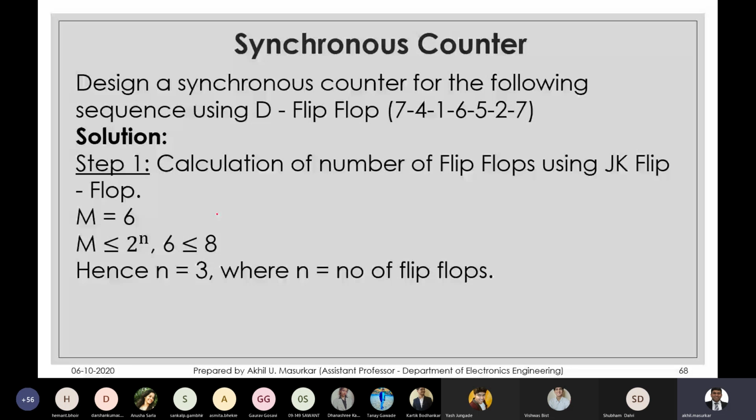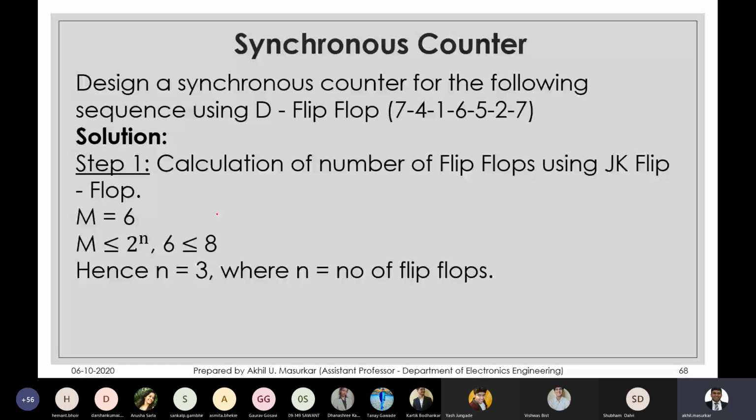So first I will be at 7, then I want to go to 4, then 1, then 6, then 5, then 2, and then again back to 7. You can see the minimum number in the sequence is 1 and the maximum is 7. So we require at least 3 bits to represent the maximum value, that is 7, which is 111.